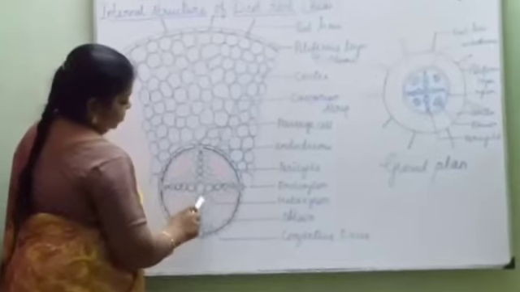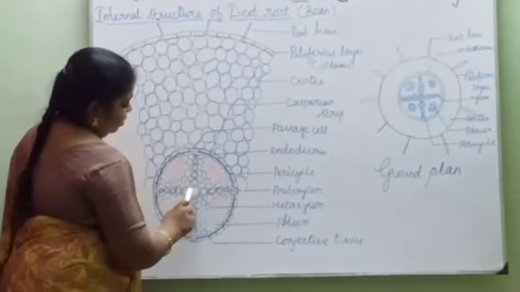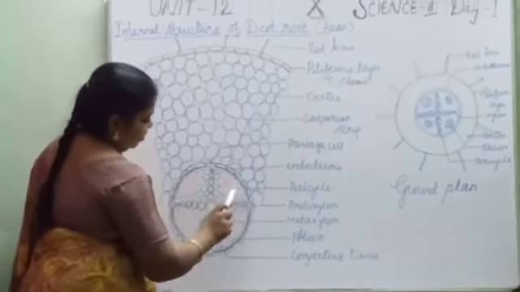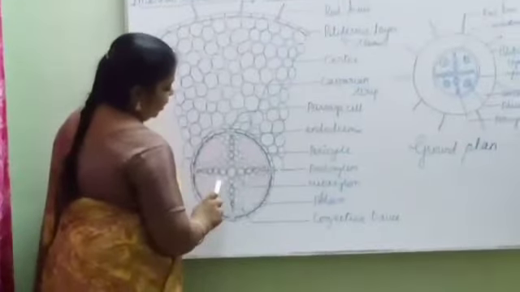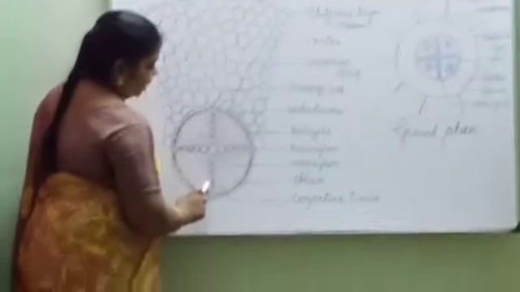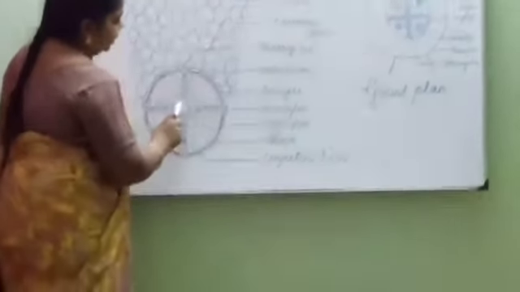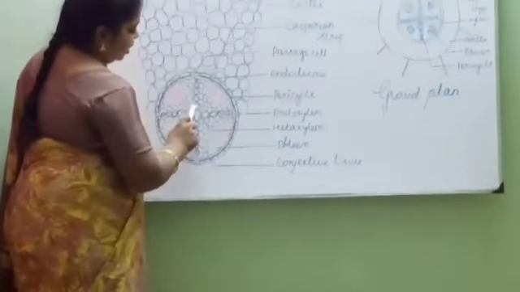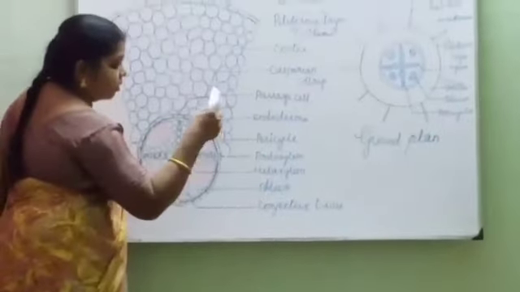Next, phloem. Xylem and phloem are connected with the conjunctive tissue or connective tissue. This connective tissue is made up of parenchymatous tissue. In monocot stem, it is made up of sclerenchymatous tissue. Here, xylem is polygonal in shape, in monocot root circular in shape.